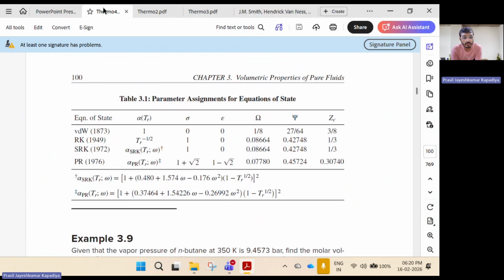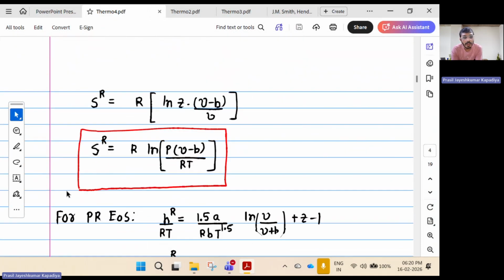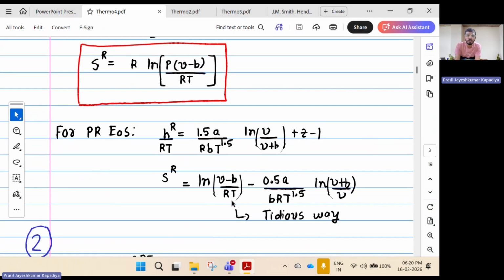When we deal with it, we get that HR by RT comes out to be something like this: 1.5 A divided by (R B T raised to 1.5) into ln (V divided by V plus B), plus Z minus 1. And similarly, if I calculate the residual entropy, it will be ln (V minus B) by RT, minus 0.5 A divided by (B R T raised to 1.5), multiplied with this ln term.